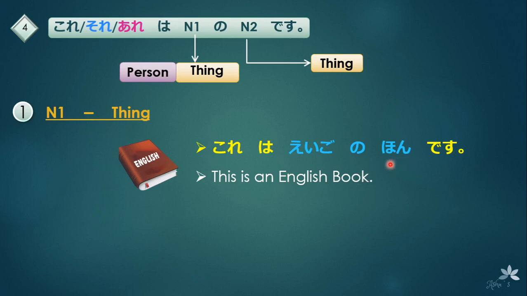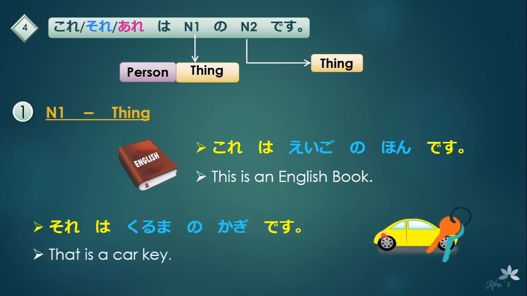So which means the book is about English. In the second example, we are talking about these keys. Sore wa kuruma no kagi desu. Which means that is a car key. So the key belongs to the car. It's the car key.